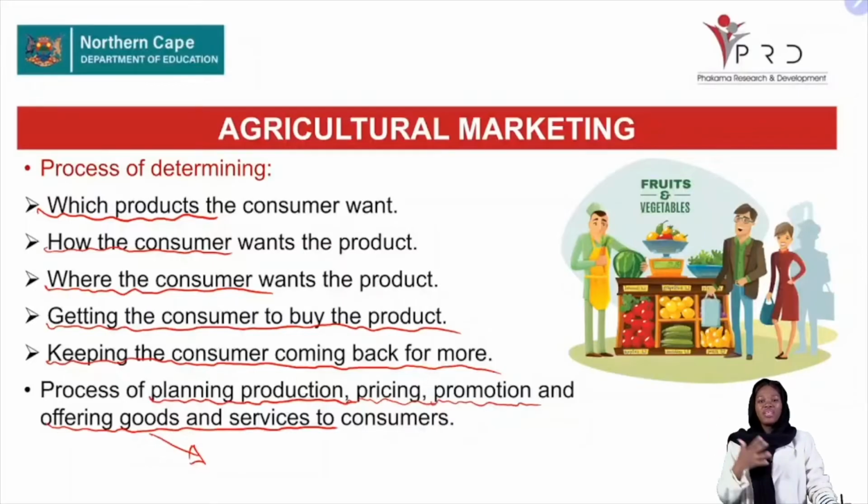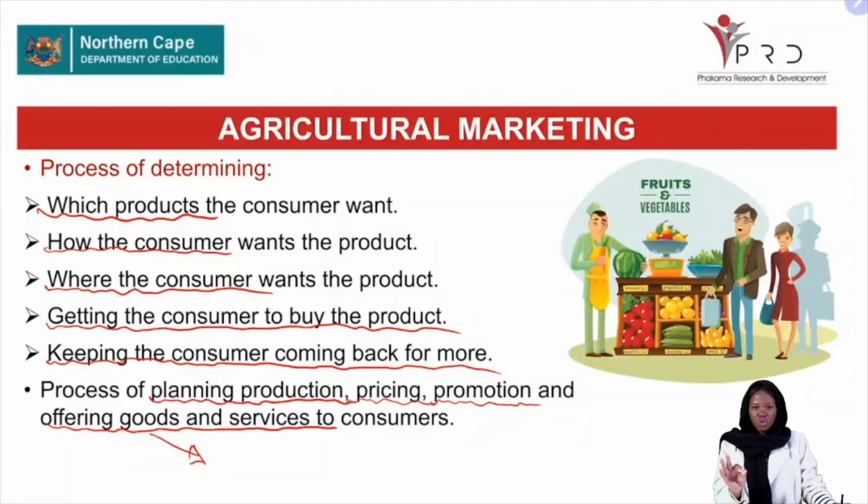Now, before we carry on with our agricultural marketing, you need to understand that in a market, we have two types of individuals. Number one, we have the producer. Number two, we have the consumer. A producer is someone who produces a product.